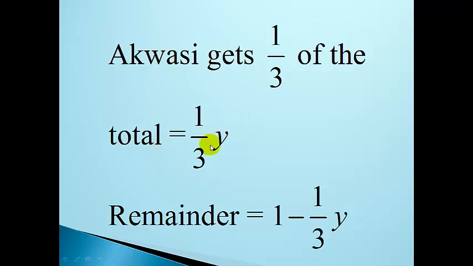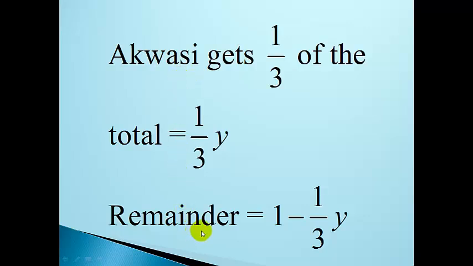So if the total number of oranges is y and Akwasi gets 1/3 of it, Akwasi's share is equal to 1/3 of y. So if y is known, then we can multiply y by 1/3 in order to get how many oranges Akwasi got.